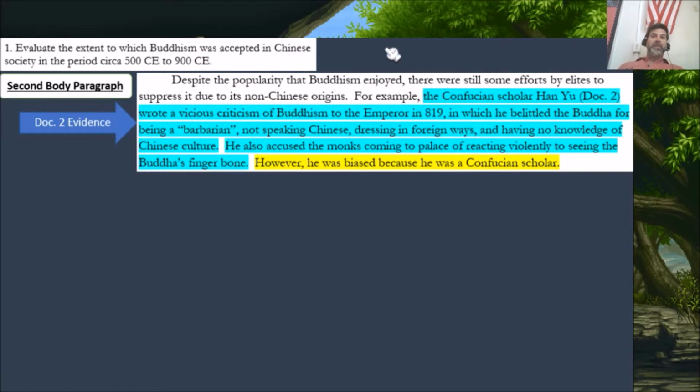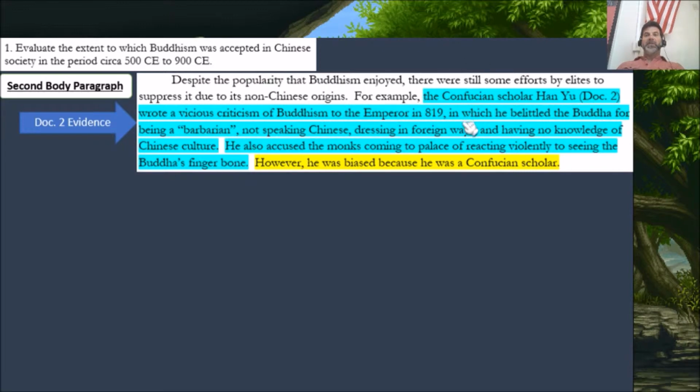So if you back up to the introduction and look at our thesis, we basically have split the thesis statement. One part of it went in body paragraph 1, and now the second part of it, the second group of documents, goes into body paragraph 2. And you can see we begin again with another topic sentence, and then here we're getting right into the evidence from the documents, in this case document 2.